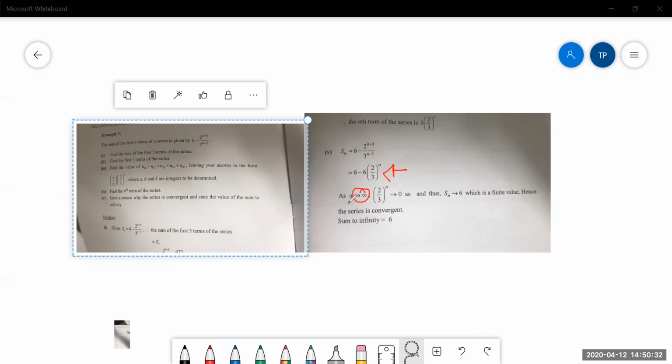So they say as n tends towards infinity, (2/3)^n will go to 0. This is what we tabulated just now: when r is between 1 and -1, if n is big, it will be approximated to 0.